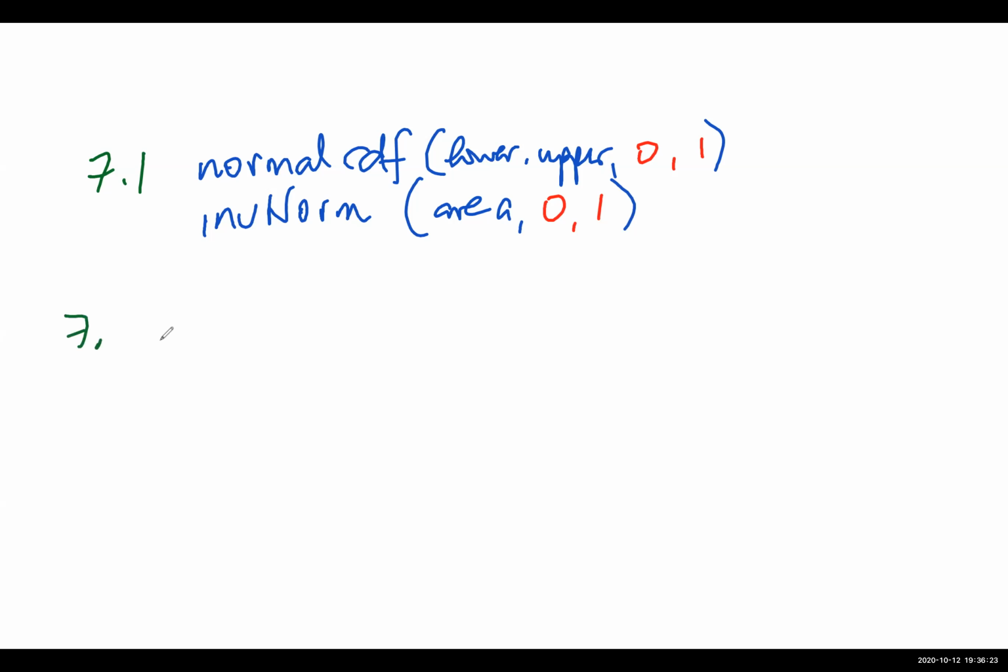Then 7.2 is the same thing, but the difference is this time you will see a given mean and standard deviation. So whatever is given, use that mean and standard deviation.